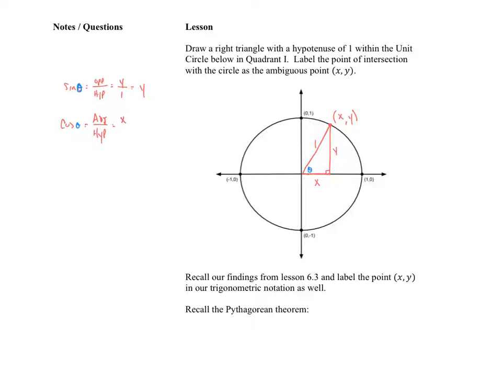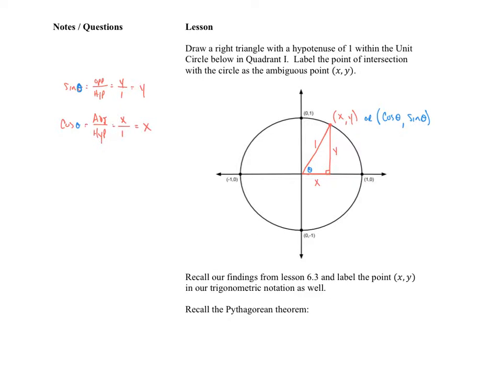So this gives us x over 1, or x. So what this allows me to do is to say that I could call this the point xy, or since I've decided x is the same thing as cosine of theta and y is the same thing as sine of theta, I could write those coordinates that way as well, right? Because I know they're the same as long as we stay in this unit circle.